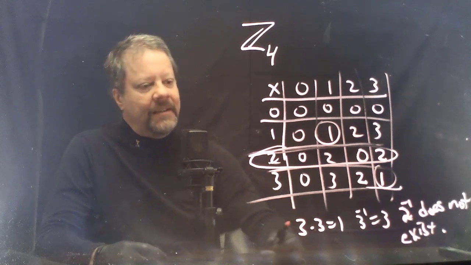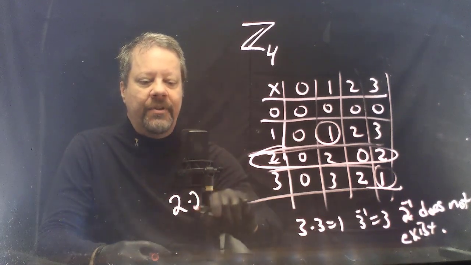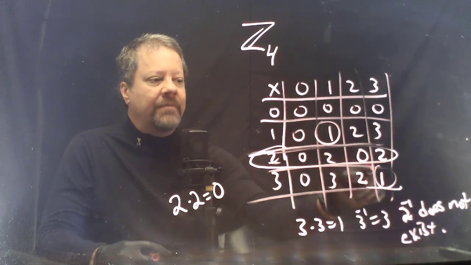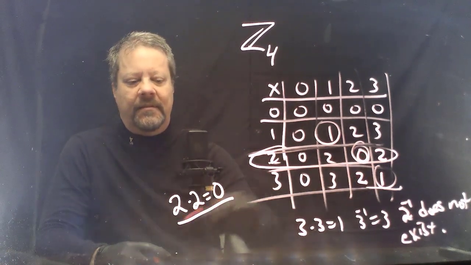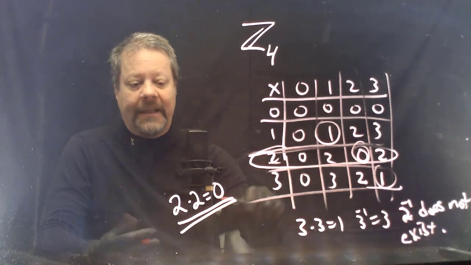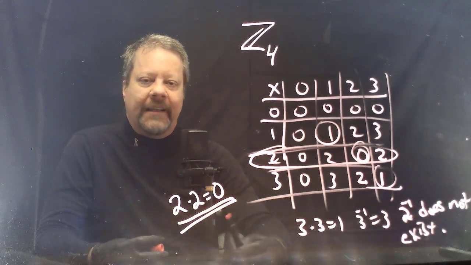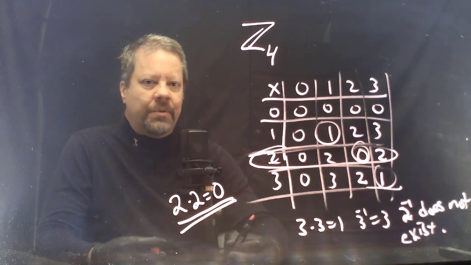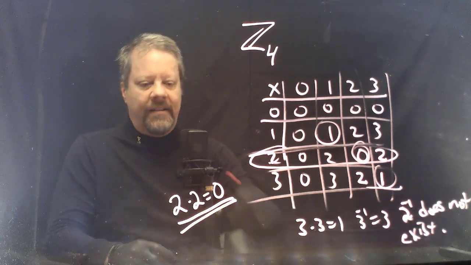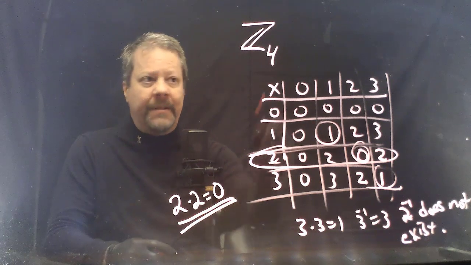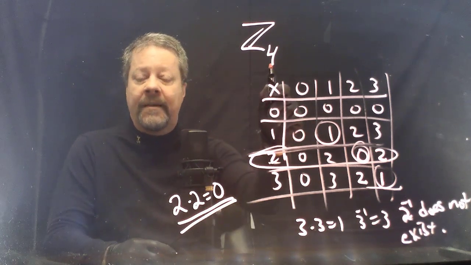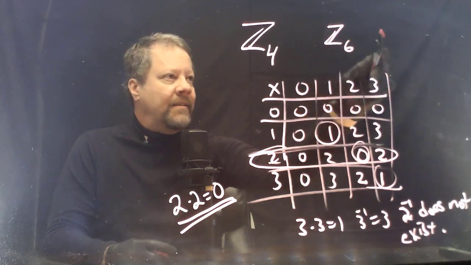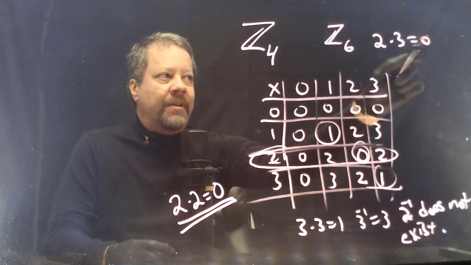In fact, it's possible to have 2 times 2 equal 0 in Z4. This is very unusual because this means that you have trouble solving equations in Z4 using the usual rules of arithmetic, because this kind of scenario will always happen if the number here is not a prime. So if I'm looking at Z6, 2 times 3 is 0.